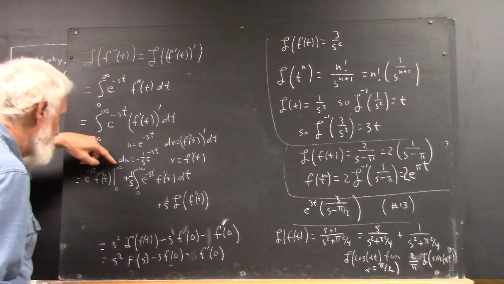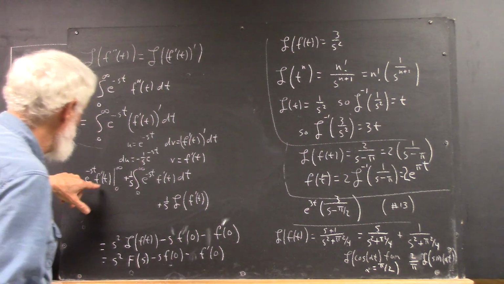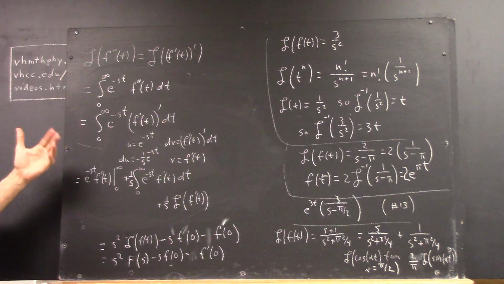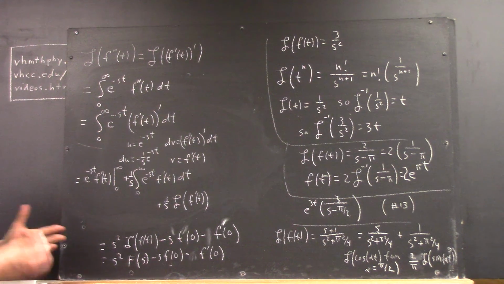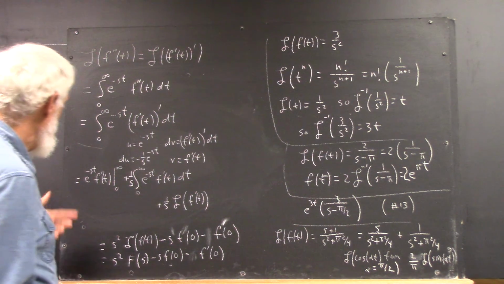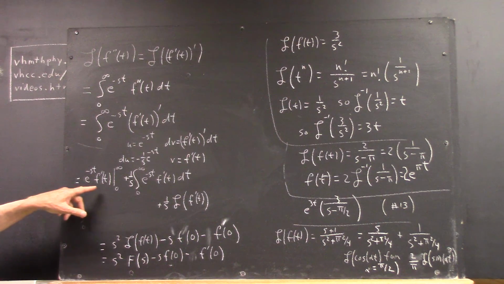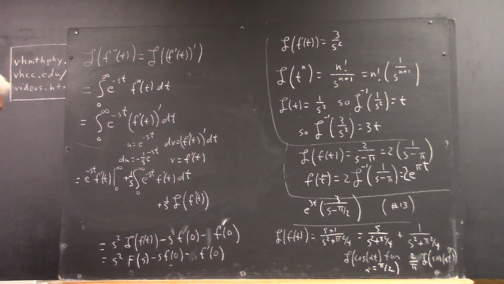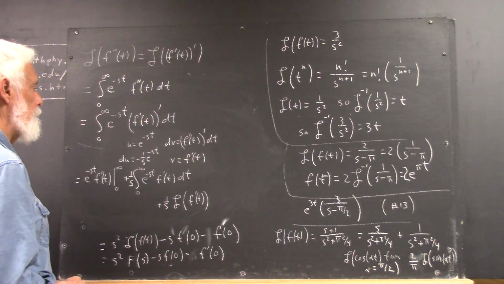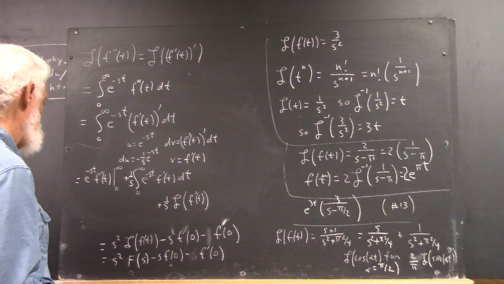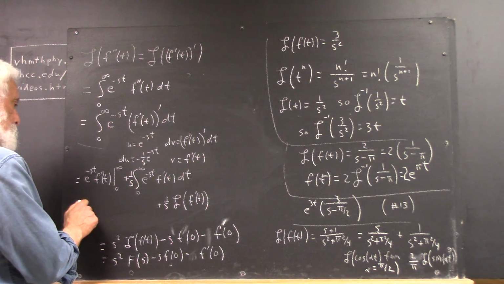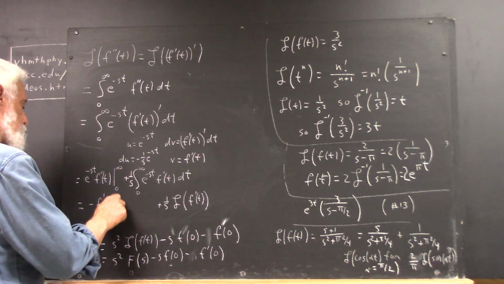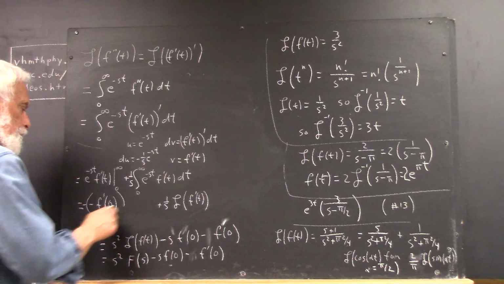Over here, at the limit infinity, as long as f prime of t doesn't grow faster than an exponential function, that is going to approach 0, and there are restrictions that we haven't really talked about on how fast these things can grow, because of course this product does have to approach 0 as t approaches infinity. But that happens, and what we get then is just negative, well, it's a negative of negative f prime of 0.